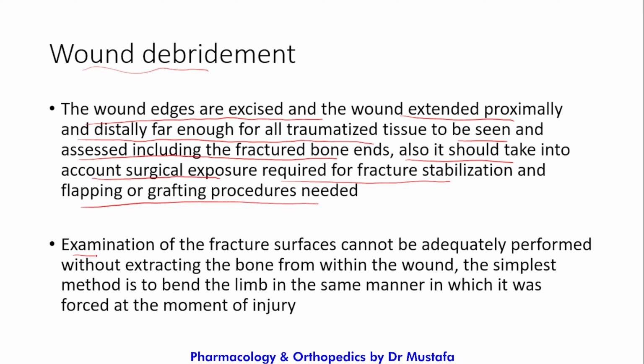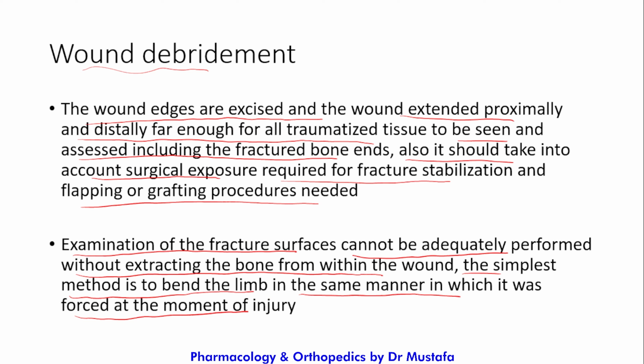And then examination of the fracture surfaces cannot be adequately performed without extracting the bone from within the wound. The simplest method is to bend the limb in the same manner in which it was forced at the moment of injury.